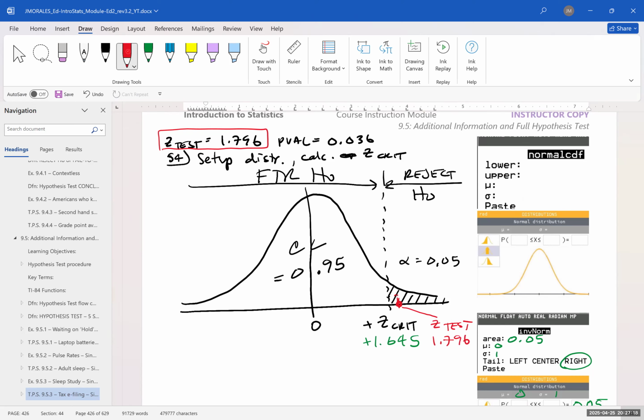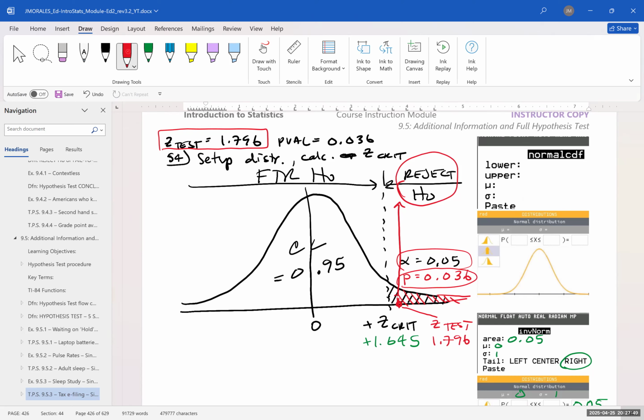But that's good enough to firmly put us in the reject the null region. This area adjacent to our test statistic, that is our p-value. And the p-value was 0.036. And as you can see, this p-value is smaller than the significance level.